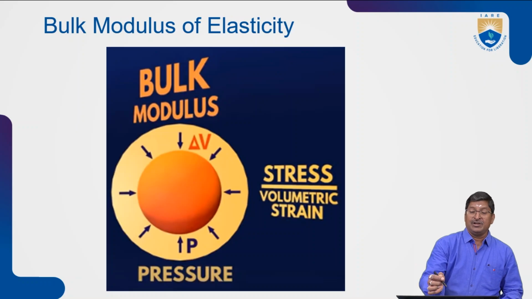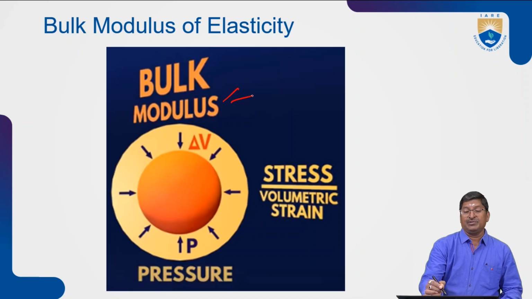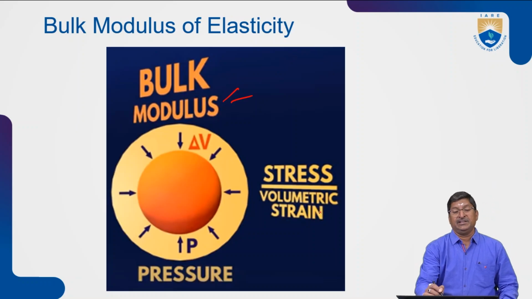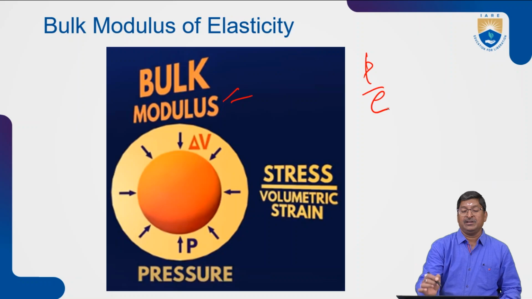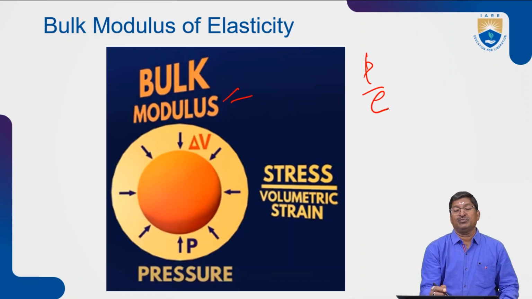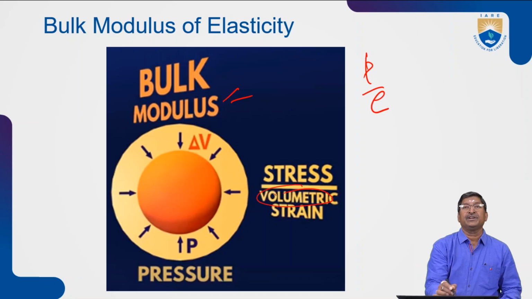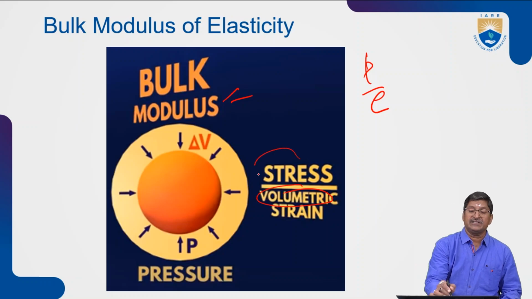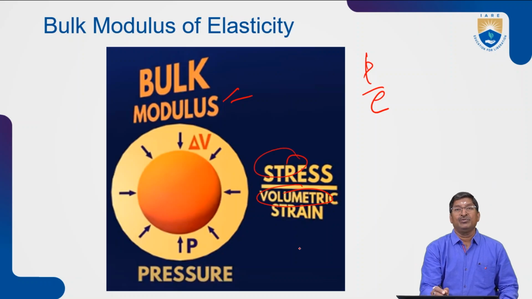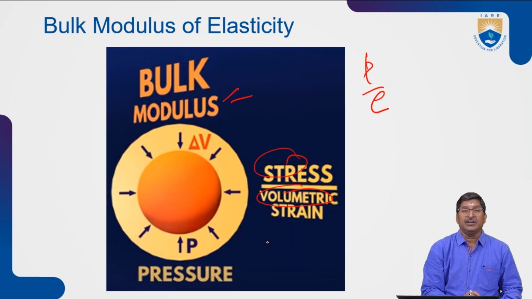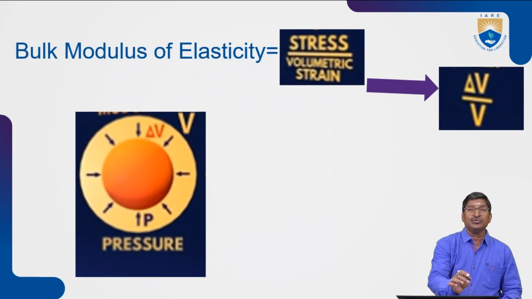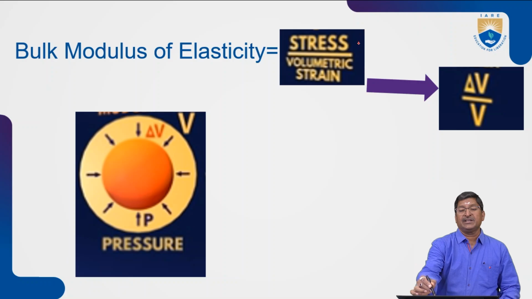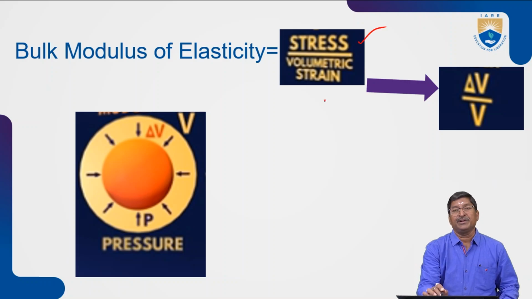You can see here bulk modulus is equal to stress by strain. Normally, any modulus is equal to stress upon strain. Here it is a bulk modulus. Bulk means a volumetric strain. So stress divided by volumetric strain gives you the bulk modulus. So what is volumetric strain?